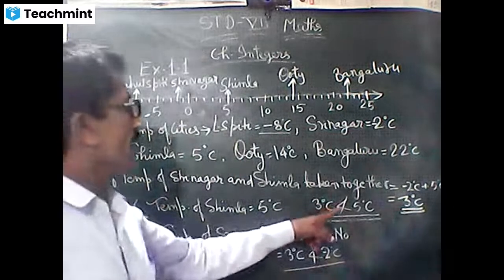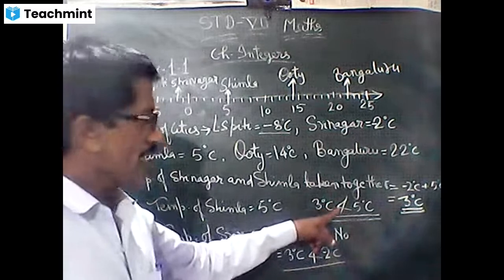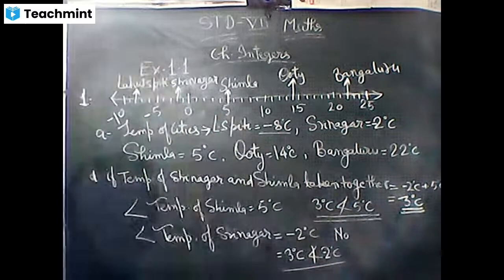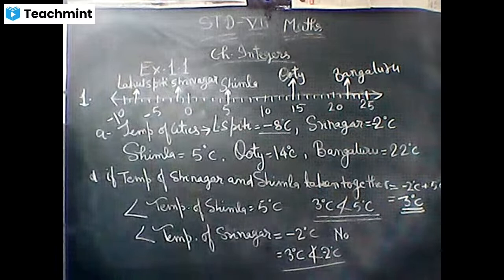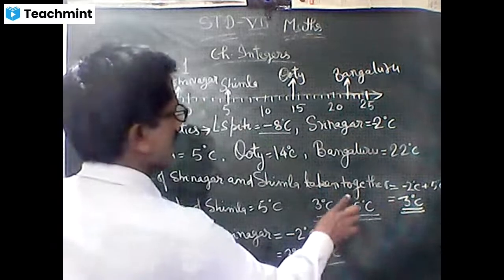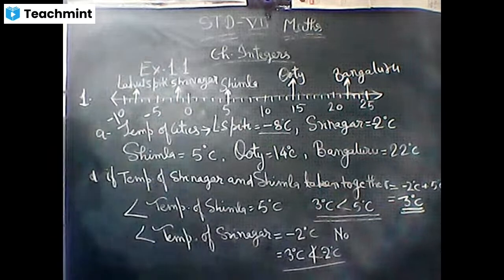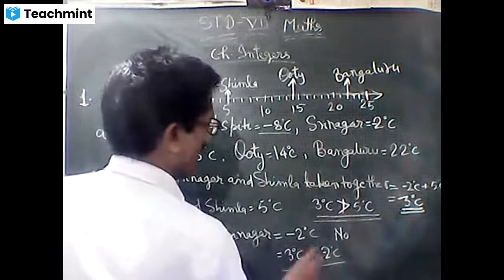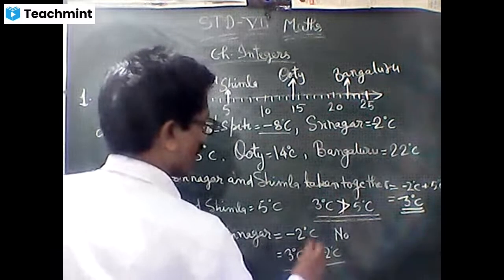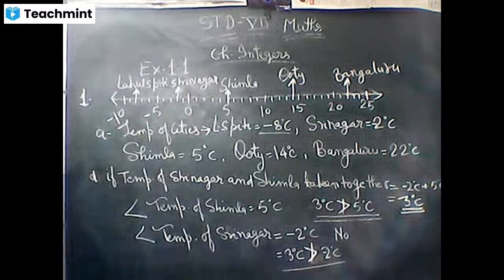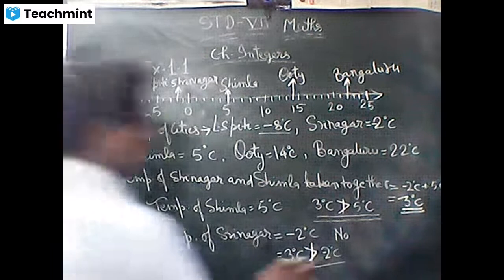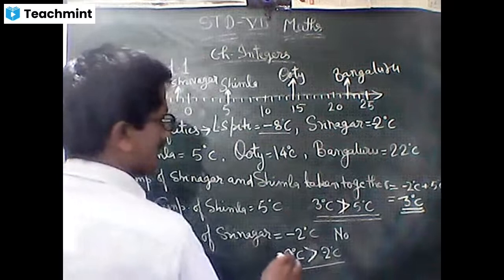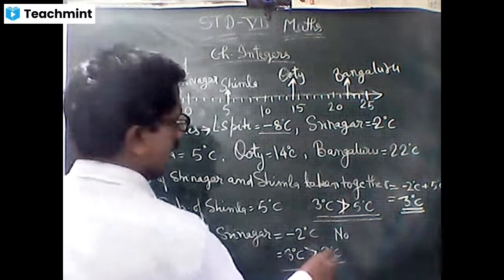If we have to write without crossing, then it is smaller than 3 degree centigrade, smaller than 5 degree centigrade. जो हमारा 3 डिग्री सेंटीग्रेड है is not greater than 3 degree centigrade, is greater than minus 2 degree centigrade.